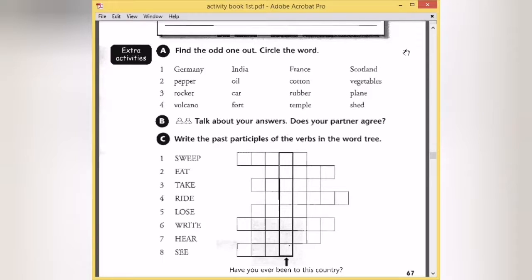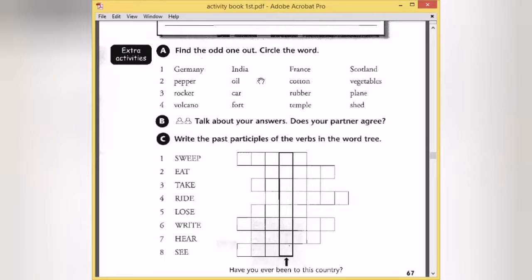And what do we mean by odd? Odd means different to the others. So it is not like the other ones. So here, number 1, we have Germany, India, France, Scotland. Which one is different? Which one is odd?